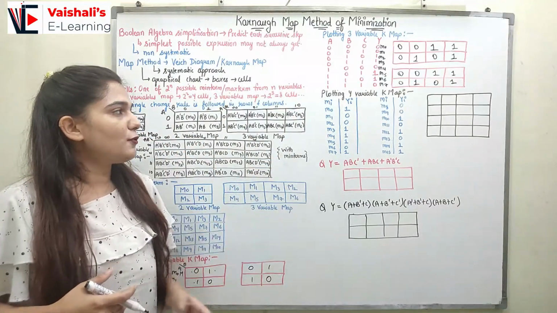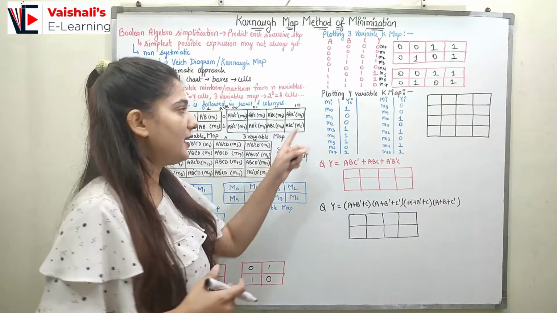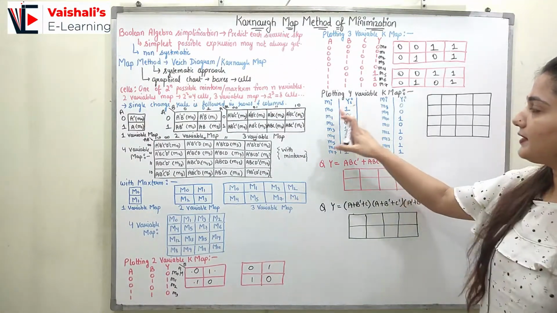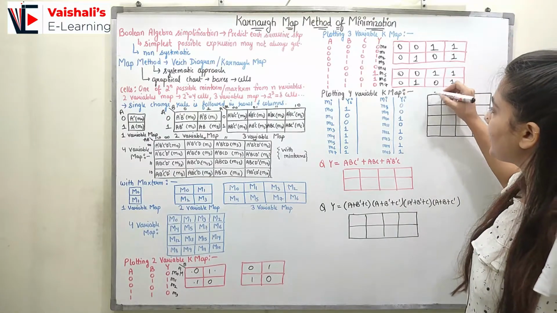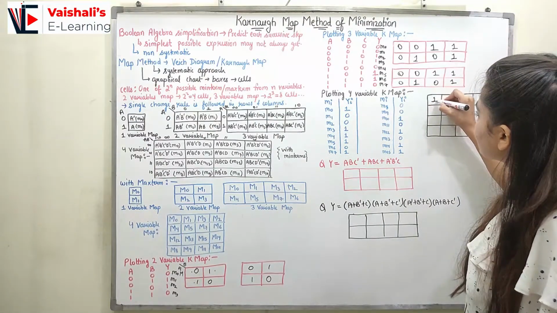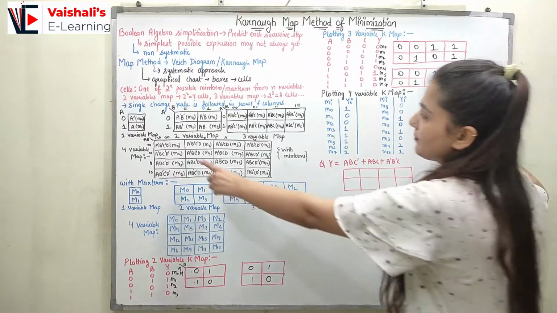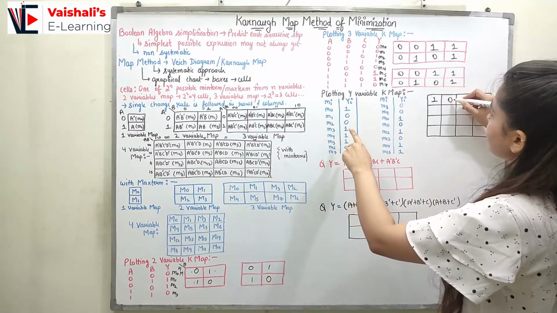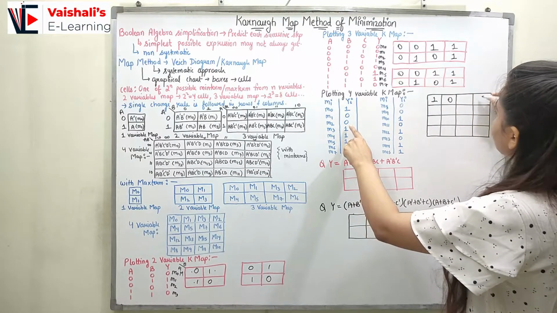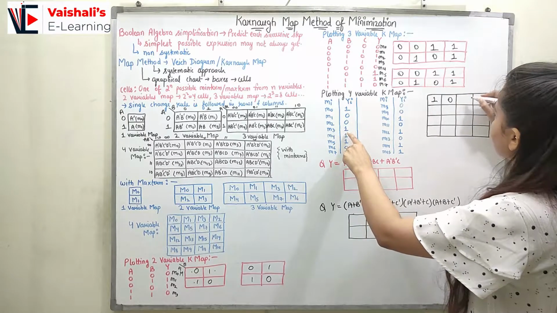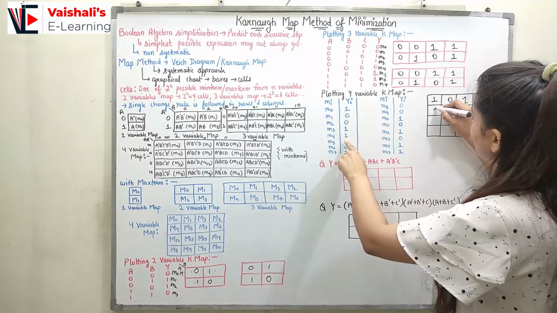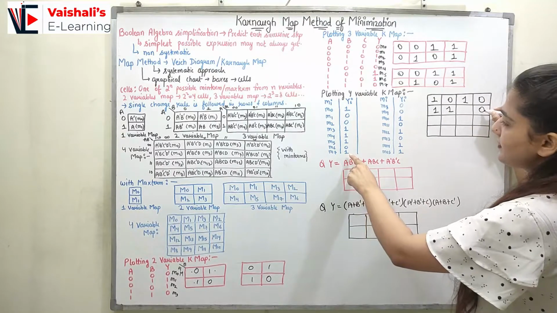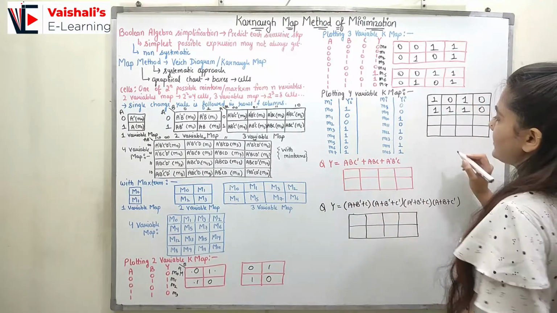Now coming to the plotting of the four variable K map, here the min terms are given directly, right? So the min terms and their output are given. For the min term 0 the output is 1, so in the first cell I am representing m0. Then m1 is 0, which is represented in this cell, m2 is represented in this cell, which is 0, m3 is 1, m4 is 1, m5 is 1, m6 is represented over here, and m7 is 1.